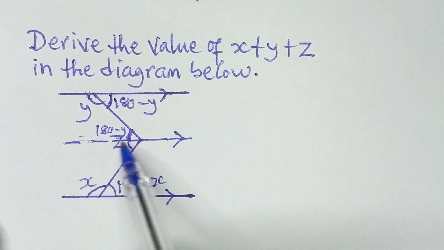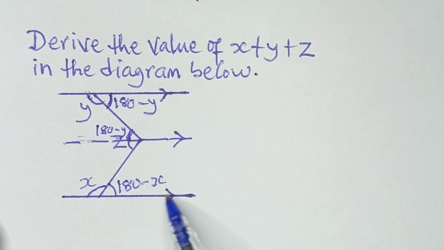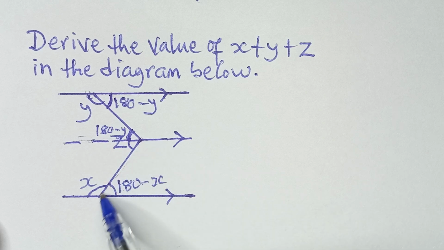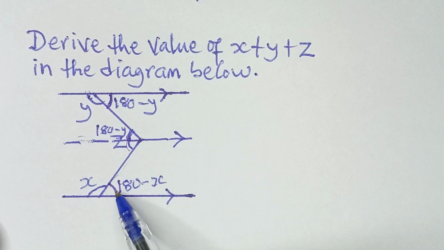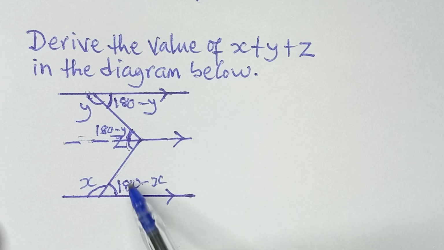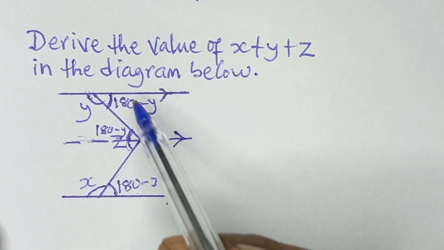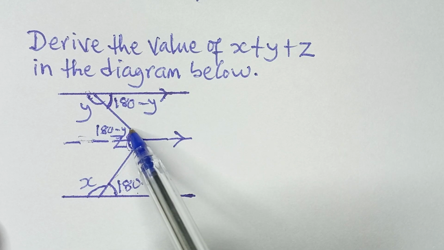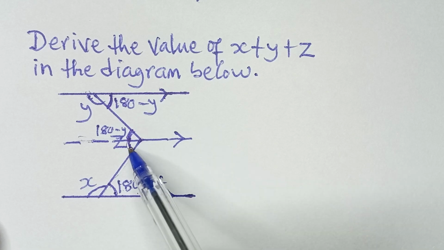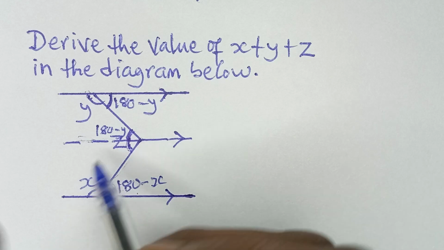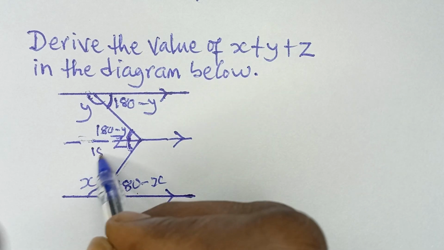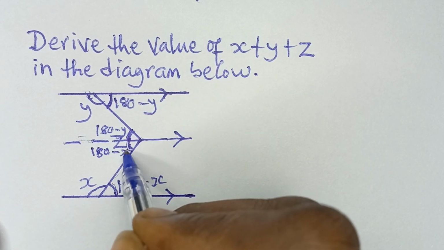Similarly, if we look at this Z shape again on this side, using these two parallel lines, this elbow side of the Z is equal to the other elbow side of the Z. So we say alternate angles are equal. Just like here, the same way alternate angles are equal here. So the angle on this side will be equal to 180 minus x.